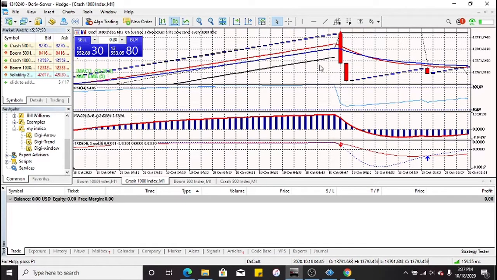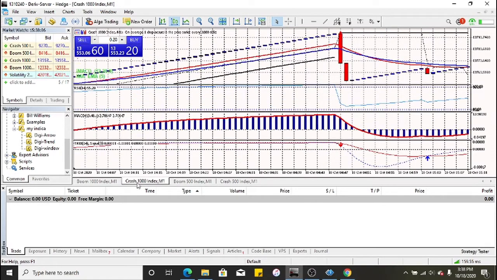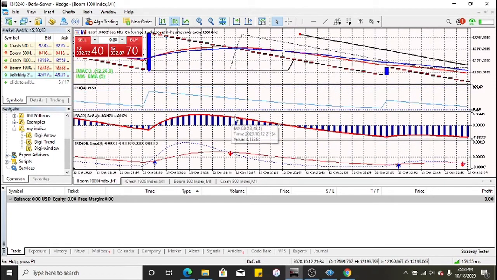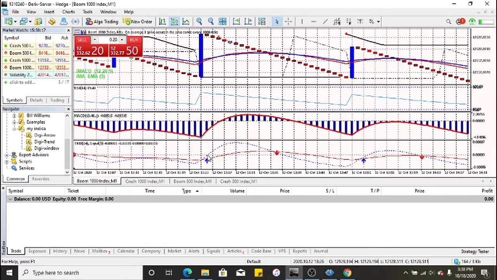Okay, now to those who want to capture spikes, and mind you, for riding a long trend like this one, mostly you'll find a lot of them in the crash 1000 and the boom 1000 market.